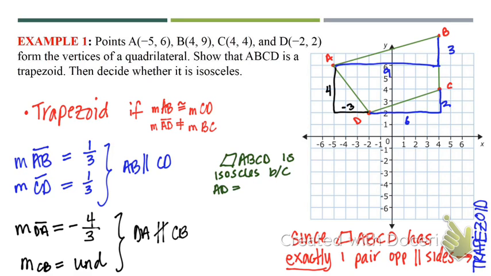Now, it is isosceles because AD equals 5 and so does BC, as you can see using the Pythagorean theorem.